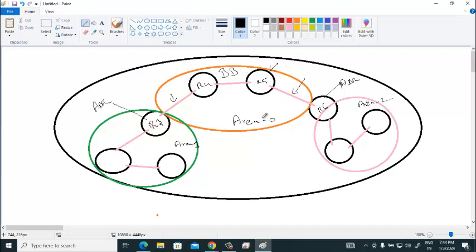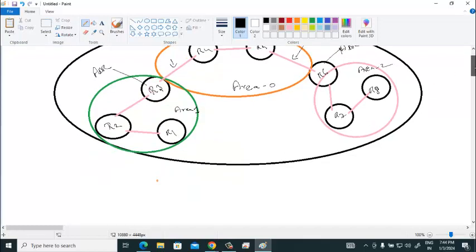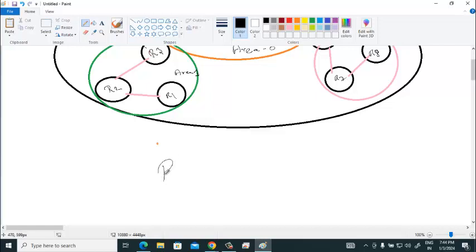That's fully inside area 0, so it is a backbone router. And these, R2, R1, R7, and R8, we call non-backbone routers or regular area routers. Other than the backbone area, all other areas are called regular areas.